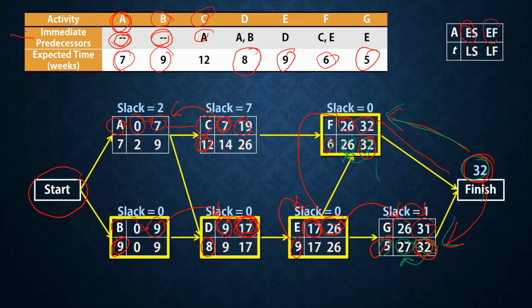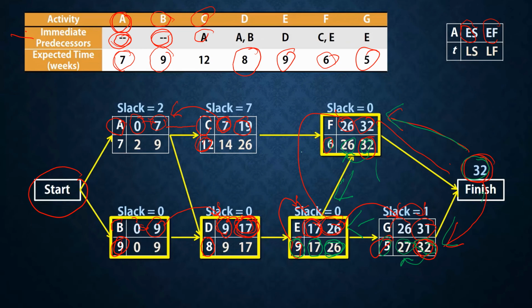Here in E, we have two paths, one is G and one is F. We will select the lowest one, so the late finish for E is 26. Minus 9 is 17.